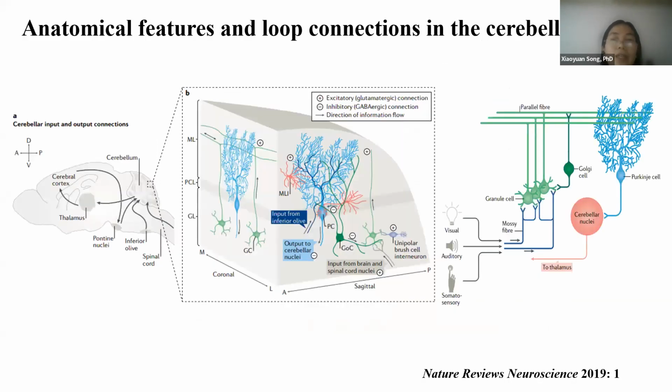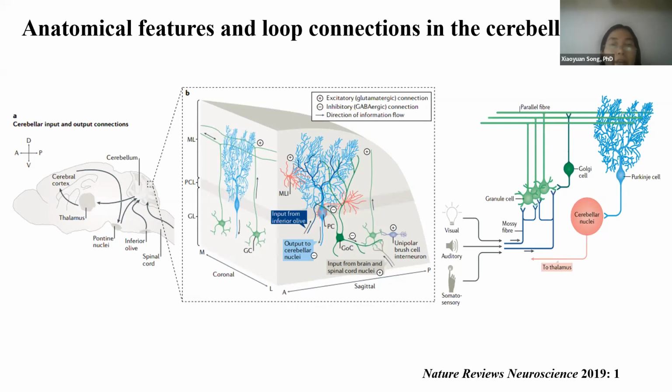Before I go into details, let me introduce this cerebellar cortex. The cerebellar cortex has three major layers. From outside to inside, they are the molecular layer, the Purkinje cell layer, and the granule cell layer.